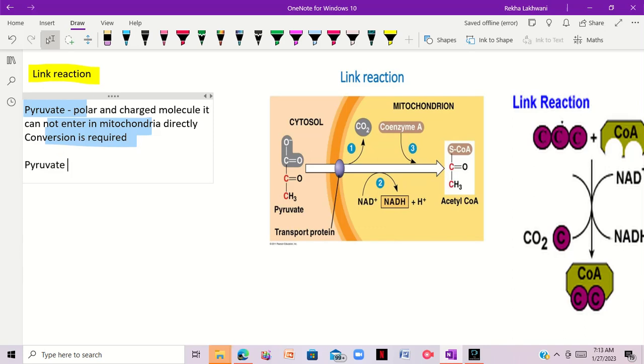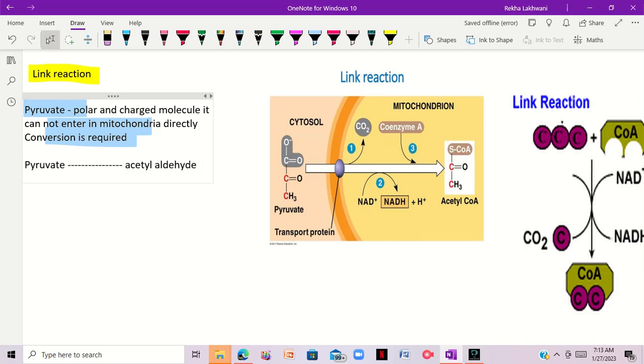This pyruvate will be converted into acetaldehyde.